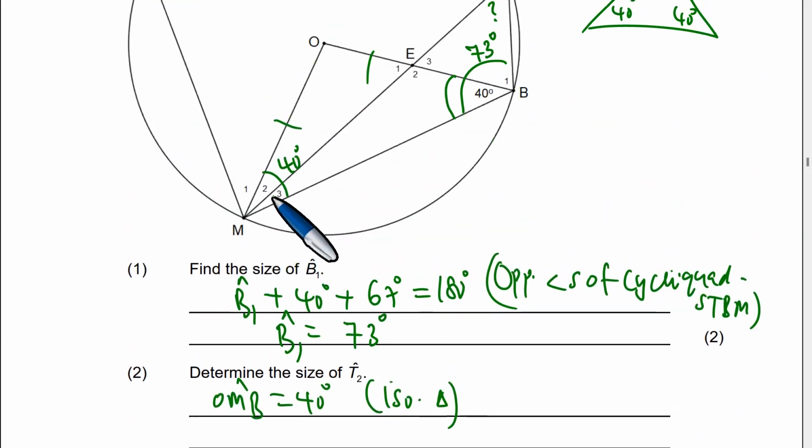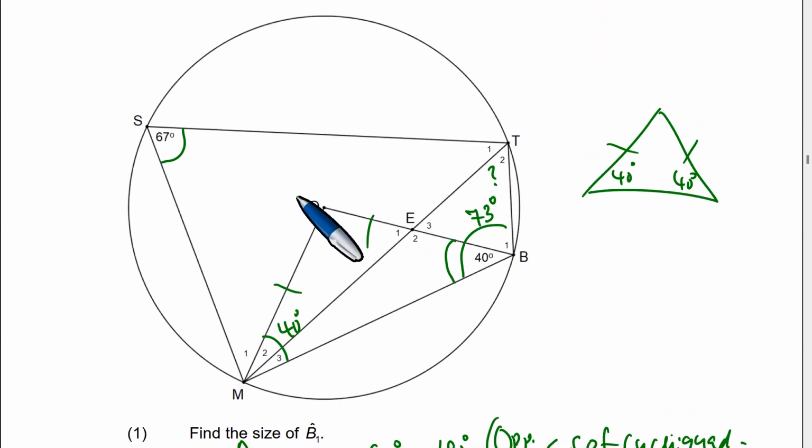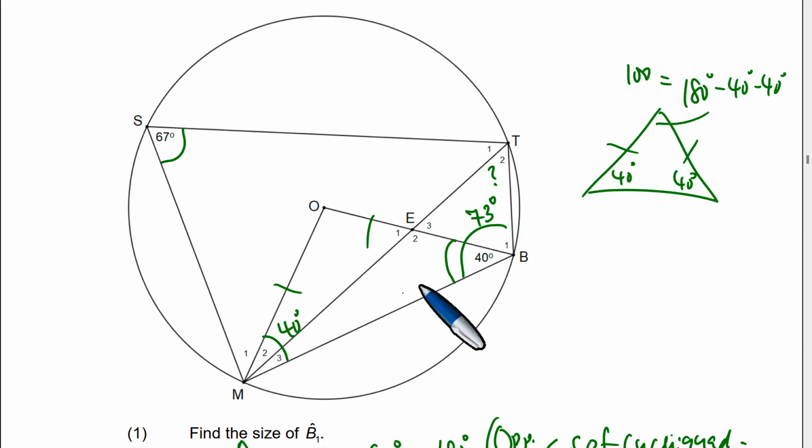Next, right after we got OMB, what do we do next? Then we have angle MOB. If you have the triangle with these being 40, 40, angles in a triangle must add to 180 degrees. So the top angle is 180 minus 40 minus 40, which gives exactly 100 degrees.